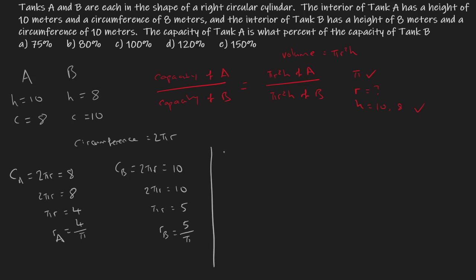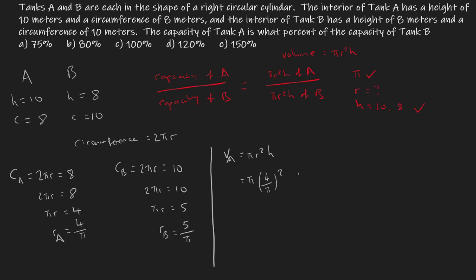First, let's start with the volume of A. I'm going to denote V with the subscript A to denote this is the volume of A. Volume of A is pi r squared h, equals pi, and we're not going to write out pi because we can leave it as pi. It makes life easier for most calculations like this. R squared, so the radius of A is 4 over pi, so that's 4 over pi squared times h.